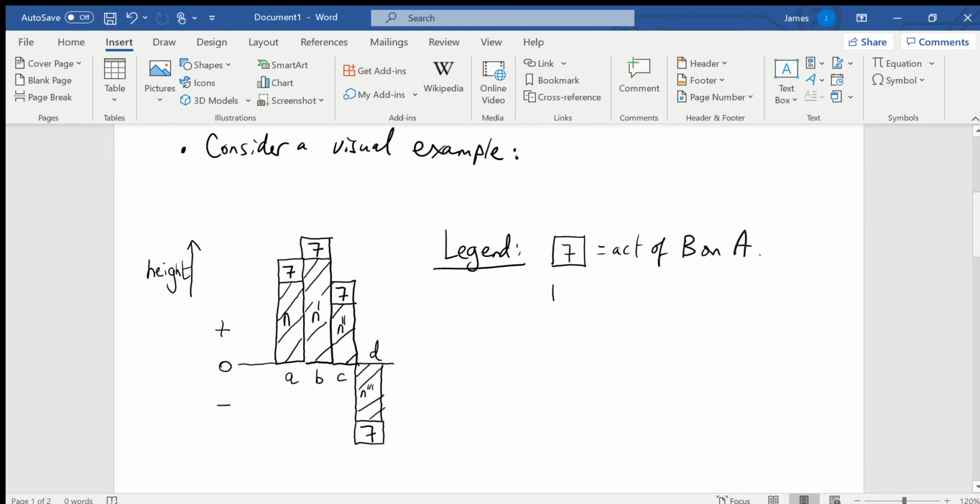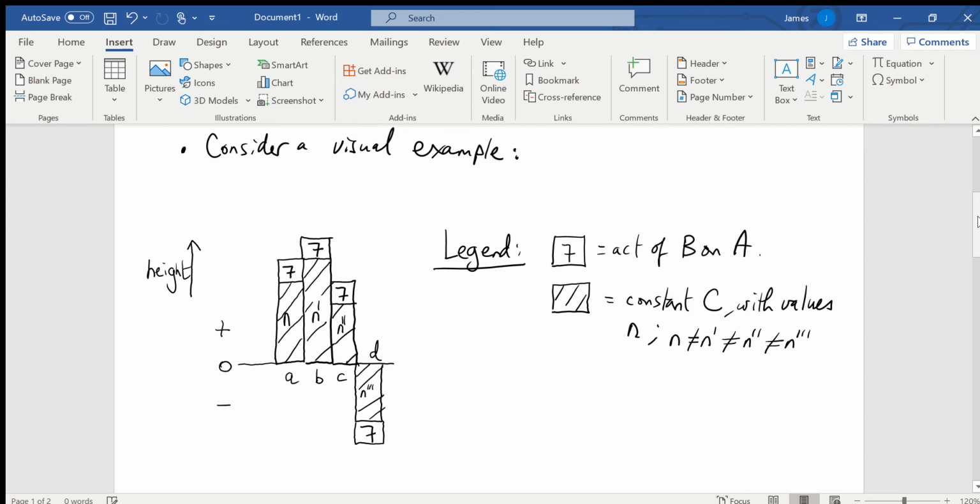Let's say that the shaded part is the constant C with values n, and we know that n does not equal n prime, does not equal n double prime, does not equal n triple prime.